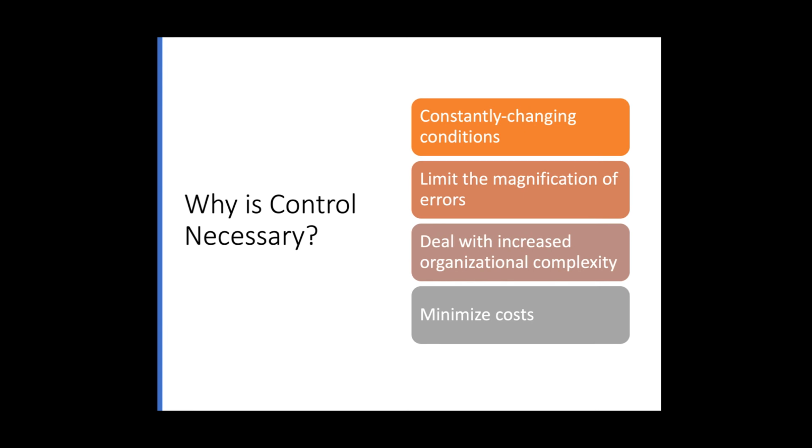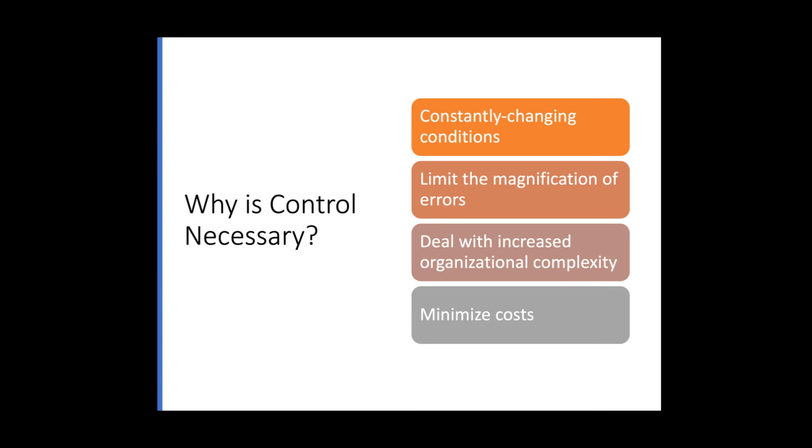Control is also necessary because we have to deal with increased organizational complexity. The world is getting more complex, my friends, not more simple. And with increased complexity comes increased complication and the need to control the process. And finally, costs always tend to creep upwards, and control is the thing that keeps it in check.